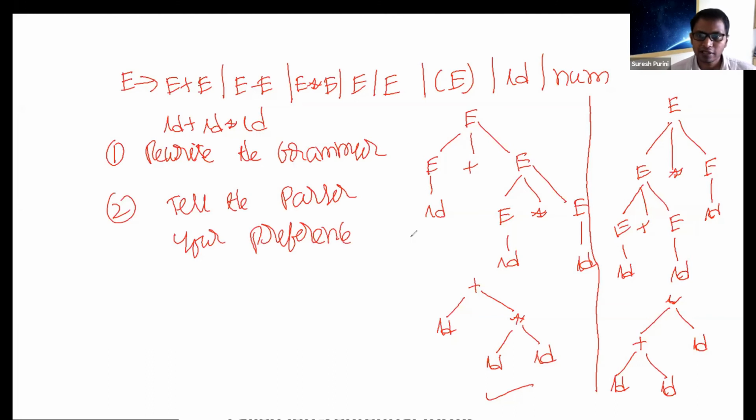You tell the parser that the parse tree or the AST on the left hand side is what you would like, and the parser will consider your preference and always construct a parse tree which respects it. This is what you will be doing in your project, and option 2 is what we usually do in practice.